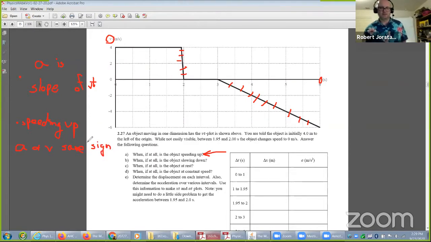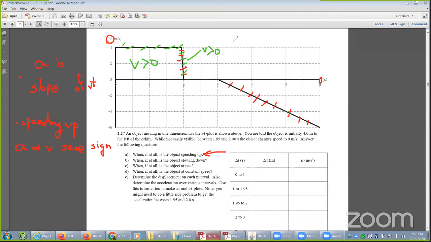Okay, so now help me out here. What's the sign of velocity for this green section I'm sketching in? It's positive. Yeah, so here V is greater than 0. Do you agree even right here, V is greater than 0? Yes.